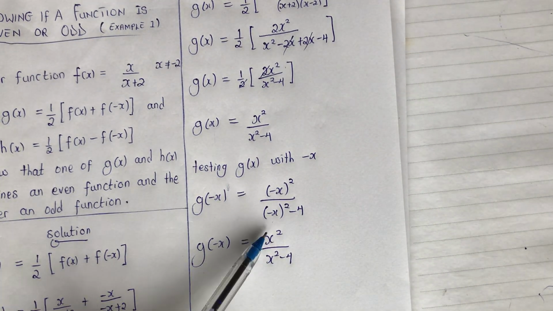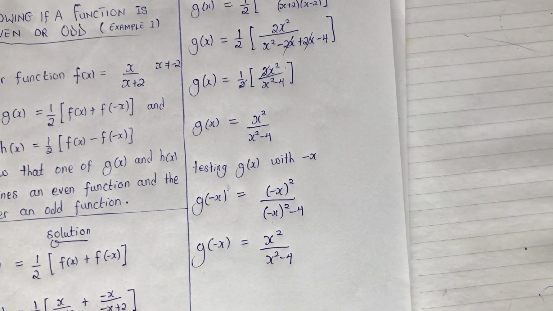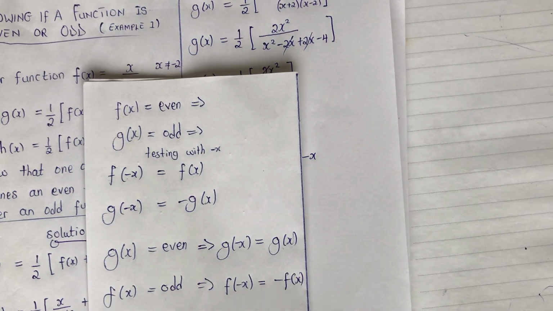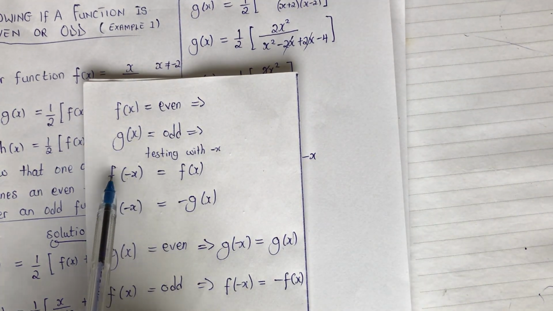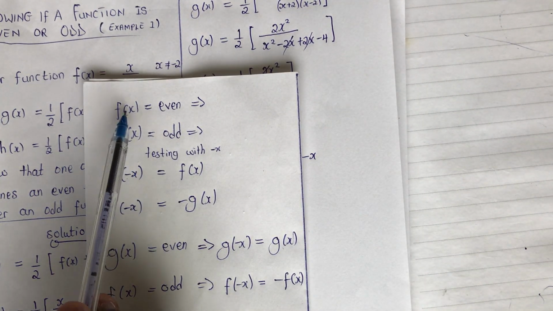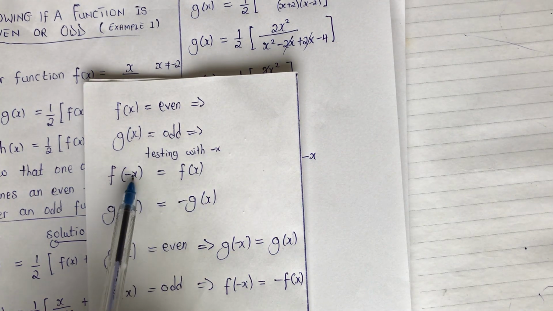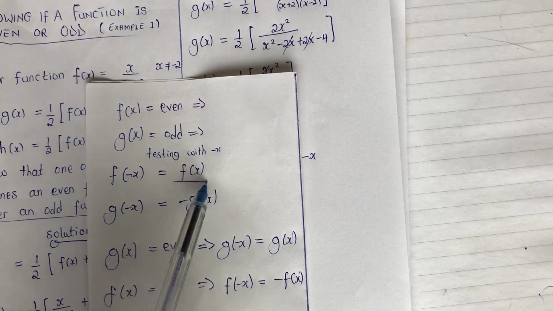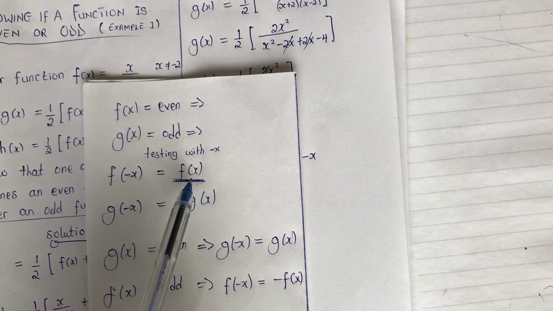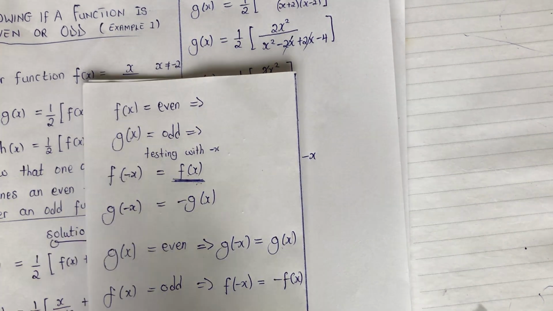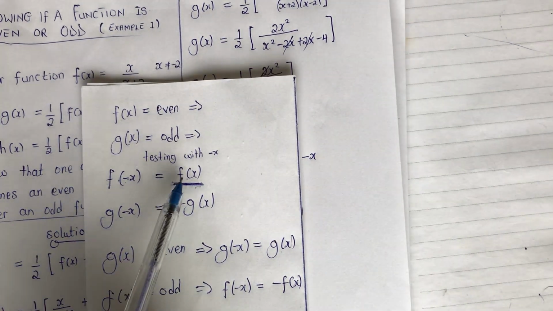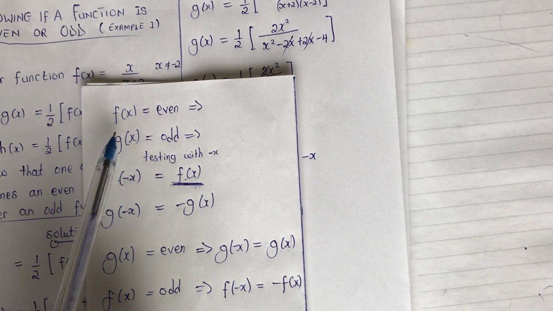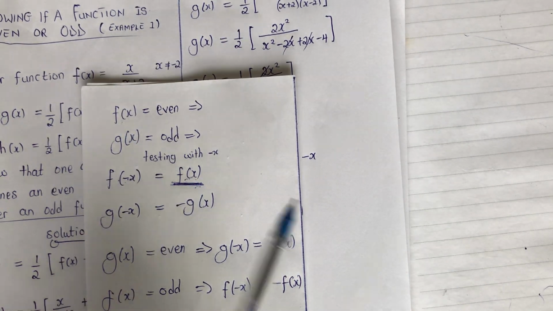Now let's check if this is even or odd. In our explanation, we learned that when we test an even function with a negative value, the result is supposed to give us the same function, positive.